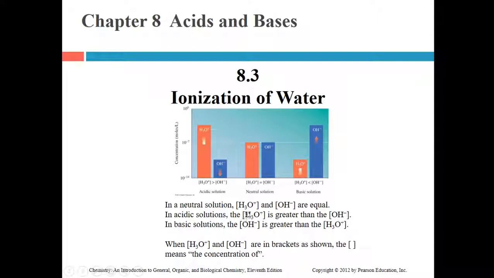This acid is greater than the base. Well, of course, it's an acidic solution. So in a base solution, the hydroxide ion concentration is greater than the hydronium ion concentration, which does make sense once you know what these represent.